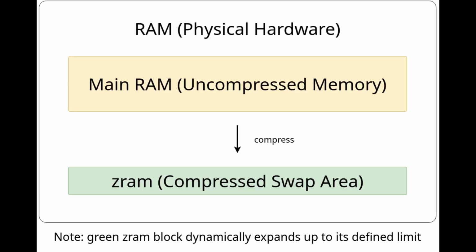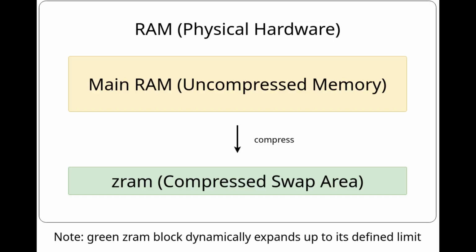zram creates a compressed swap area directly inside your physical hardware random access memory, instead of moving inactive data pages from your uncompressed main RAM to a slow hard drive or SSD when memory fills up. The Linux kernel compresses that data and stores it right in this zram block.